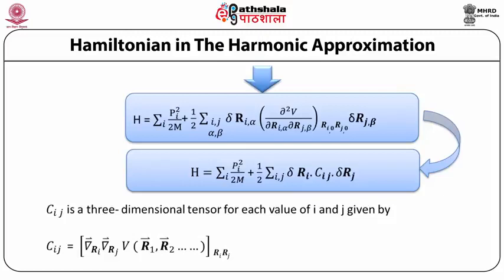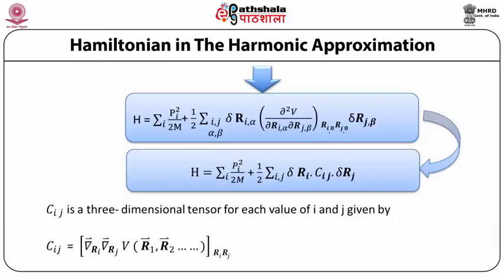So the Hamiltonian in the harmonic approximation is H is equal to, again, summation over all the ions pi square by 2m, which is the kinetic energy, plus now the first non-zero term of the potential, which is the harmonic term. So now we can write this in a very short form.